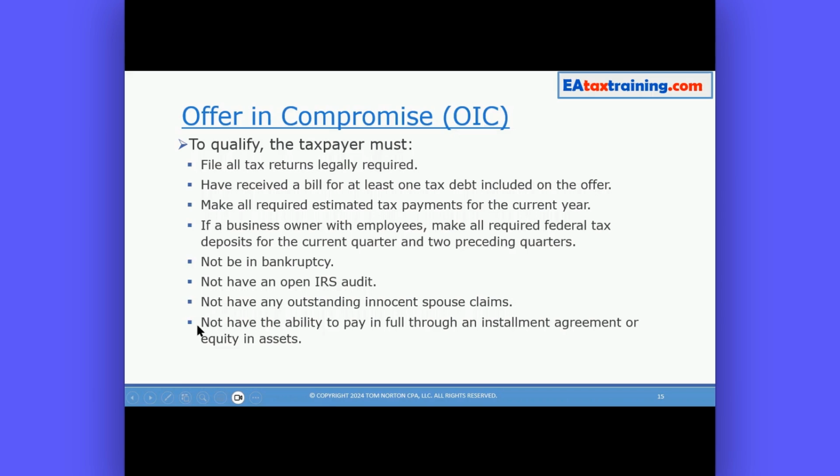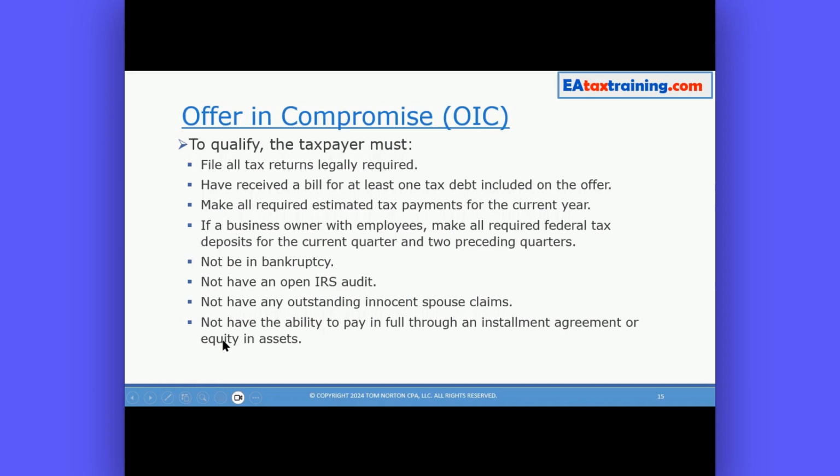So this is the one that's really going to trip up a lot of taxpayers. If you have the ability to pay, either through some assets that you own or through an installment agreement, then you cannot get an offer in compromise. You really have to not have much in the way of assets or income in order to qualify.